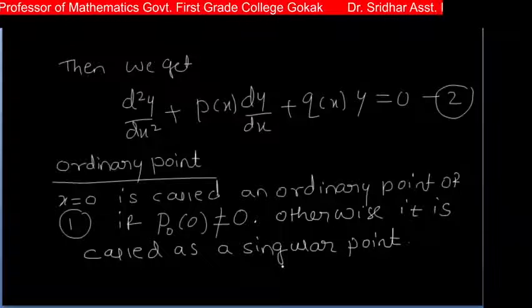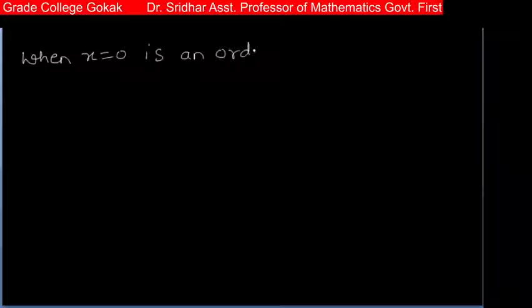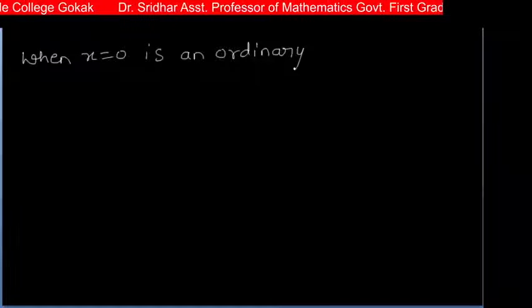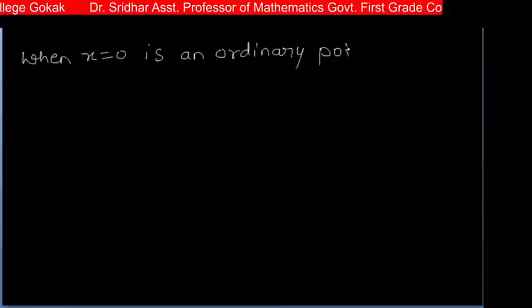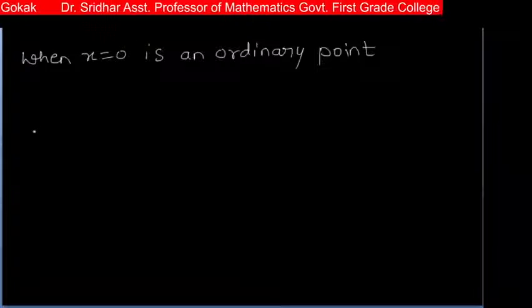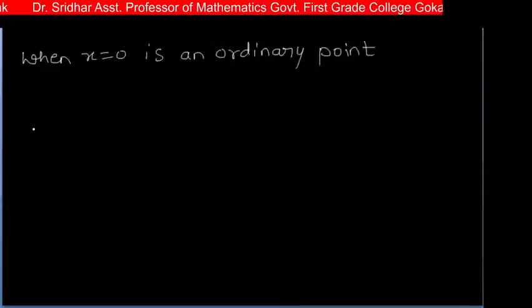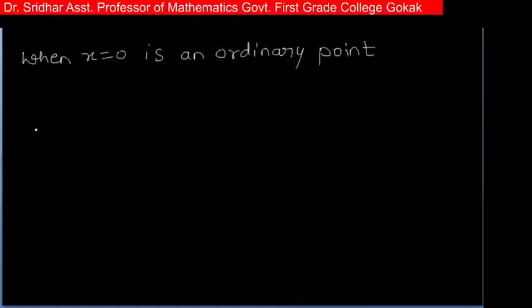Okay. So next comes the solution of the given equation. When x equal to 0 is an ordinary point, then how to find the solution?